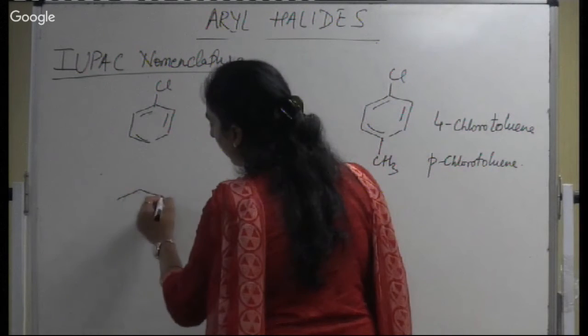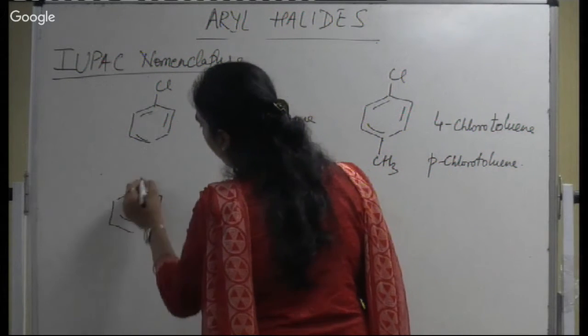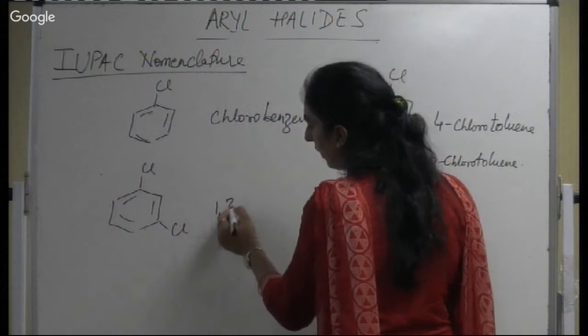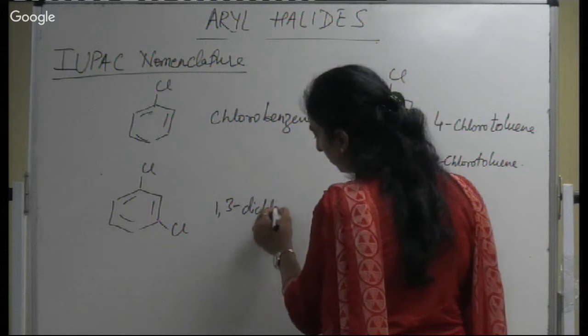If you have two halogen atoms, depending upon their position, you can name them. It would be 1,3-dichlorobenzene.